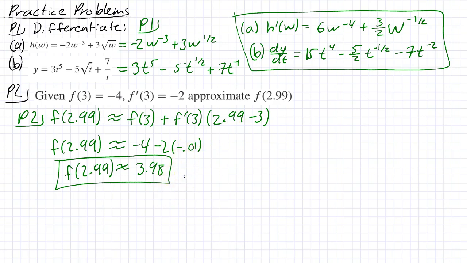Anyways, that comes out to -4 plus 0.02, which is -3.98. So, sorry about that mistake.